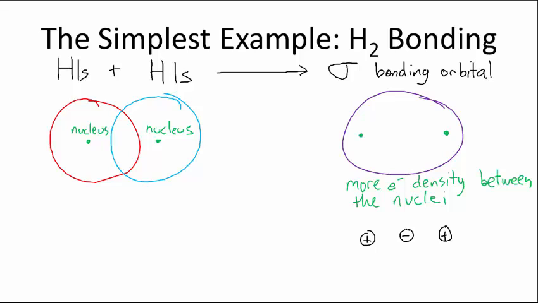It pulls the two nuclei towards the middle, right? This pulls the nuclei because that's the electron density. Remember that the orbital represents the electron density. So the name bonding, we call this bonding because it's pulling the nuclei together.